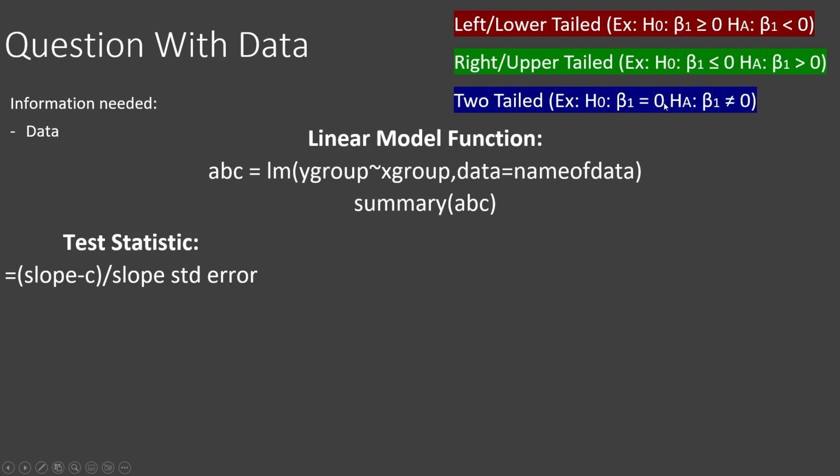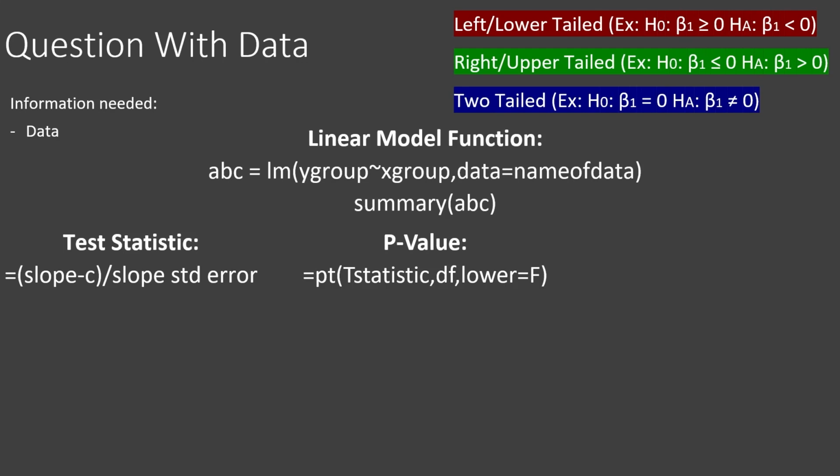It's whatever the constant value in your hypothesis is. I think it's always 0; I don't think I've ever come across a question that wasn't 0, but if it isn't 0, just remember it's your slope minus c. Then you divide that by your slope standard error, which you get from your linear model.